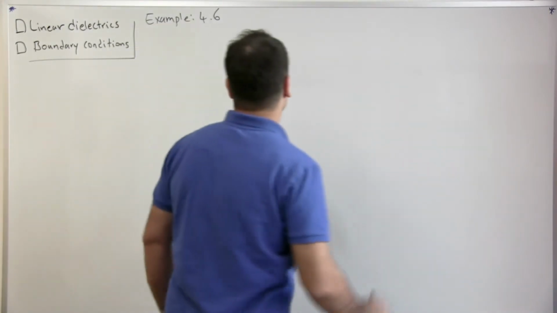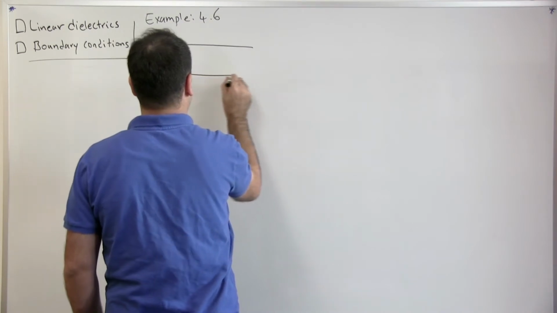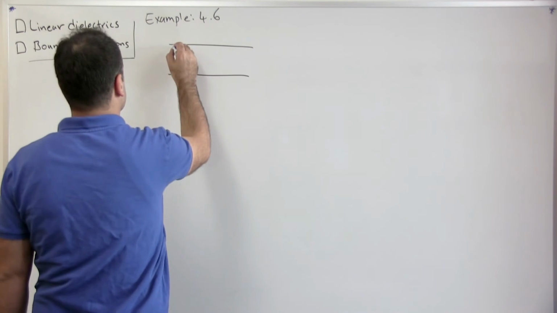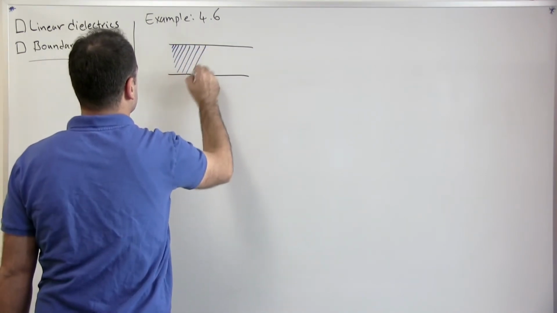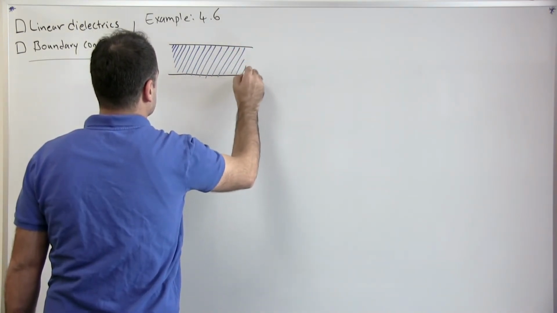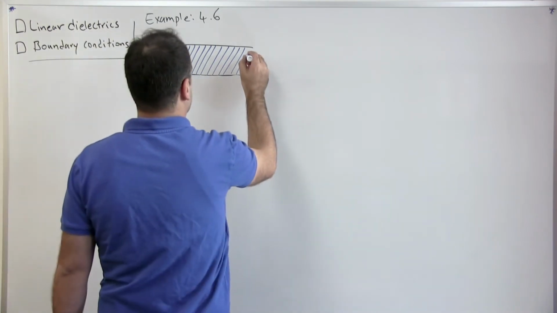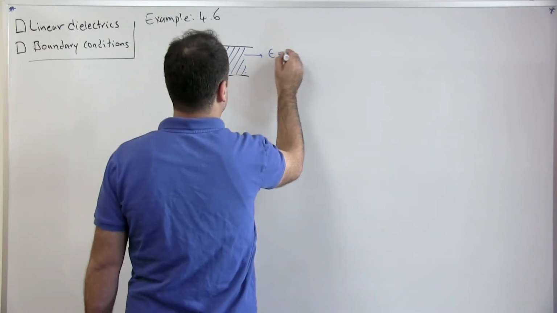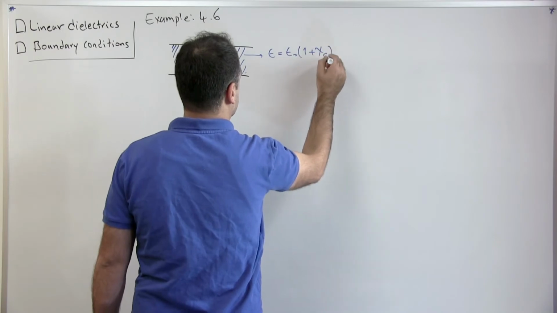And here we have a parallel plate capacitor which is filled by a dielectric material. That means between the plates, we have the dielectric material. And this dielectric material has the permittivity of epsilon, which is epsilon naught times 1 plus chi e.